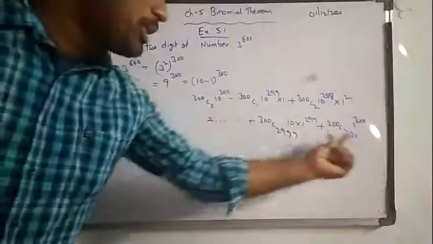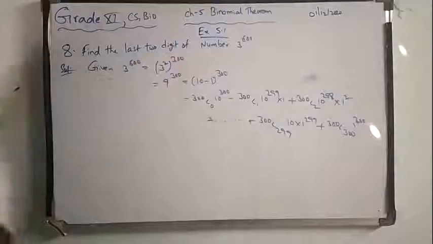So we are taking the last two numbers. Why? Because the question is asking for the last two digits.